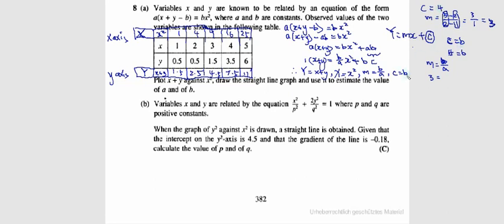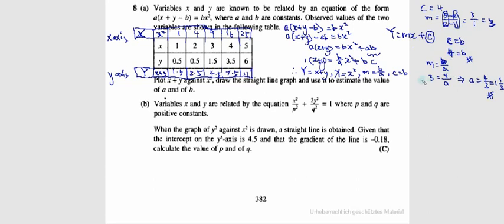So c is equal to b. So b is also 4. So I'm going to put m equal to 4 over a. Okay. Therefore, a is equal to 4 over 3, or 1 and 1 over 3. So we have found the unknown a. We have found the b unknown also, which is 4.